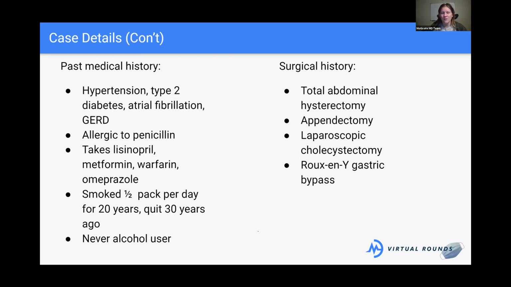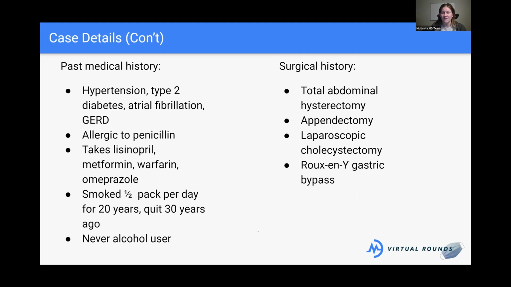You can do this either laparoscopically, which is minimally invasive, or through a big open incision. Hers was a big open incision going down the middle of her abdomen to take out the uterus. She's also had an appendectomy and a laparoscopic cholecystectomy. So she's had her gallbladder and her appendix both out. That eliminates those as potential causes for her abdominal pain.